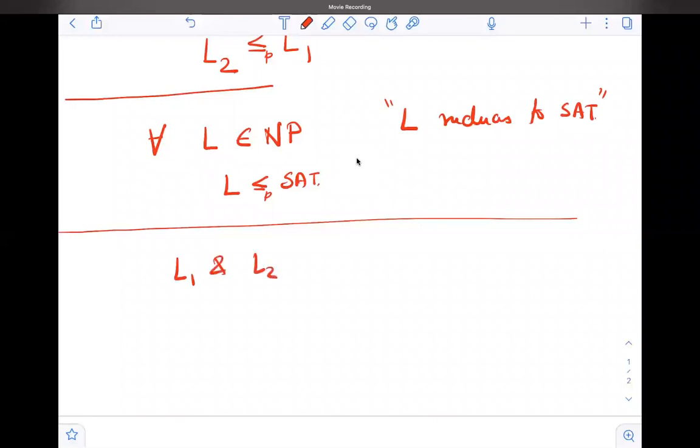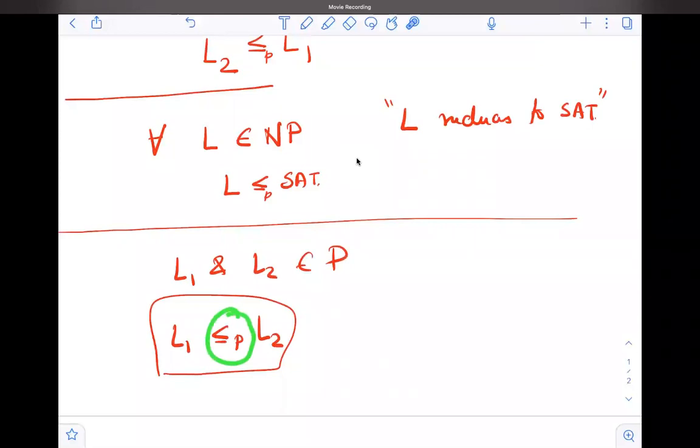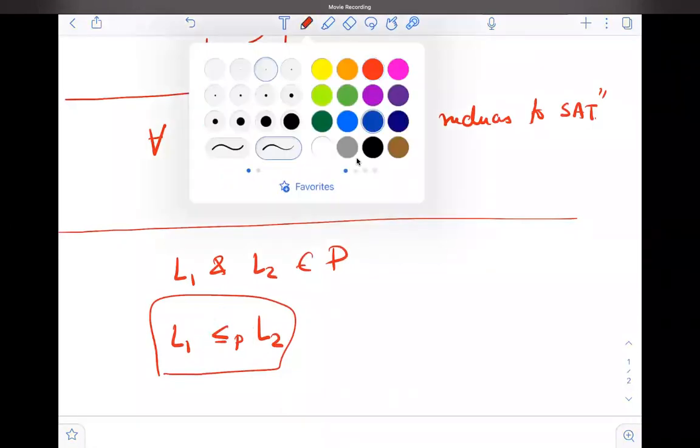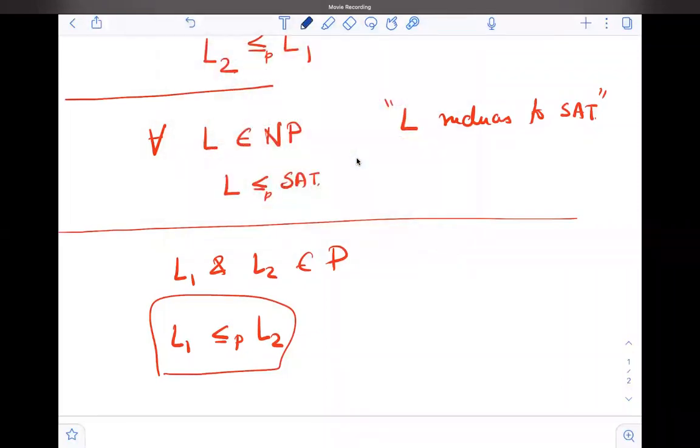Right. Now what does that mean? If L1 and L2 are in P, then L1 reduces to L2. This is not less than, it's less than with a P in it. What does this statement mean? We can find a polytime reduction. Let's look at the pure definition.